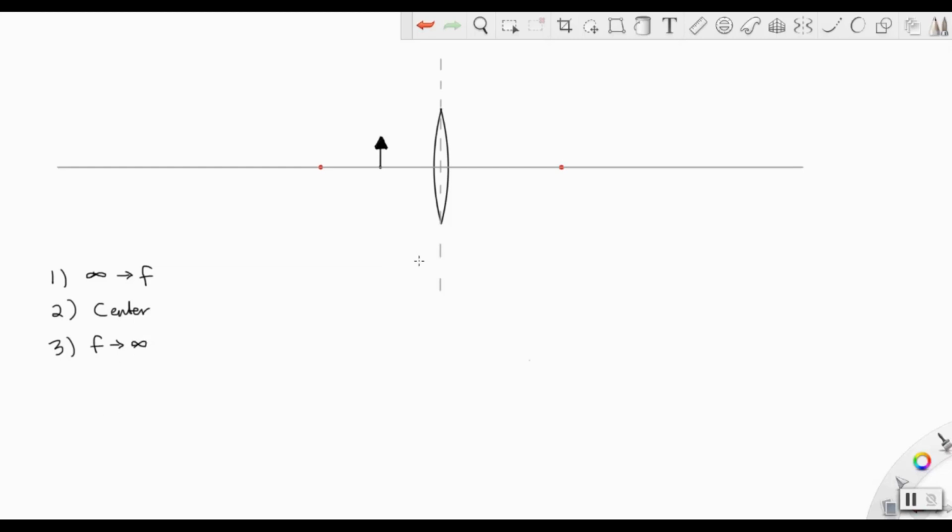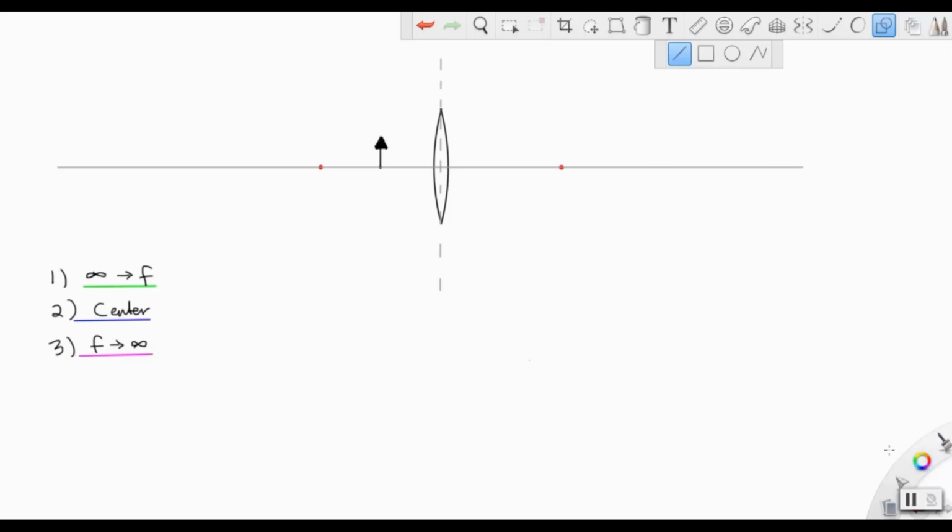Now, we have to be careful here. This is one type of problem that students have a tendency to get a little bit tripped up on. The first one is going to be fine. We'll color code these so that we have the first one in green, the second one in blue, and the third one in purple.